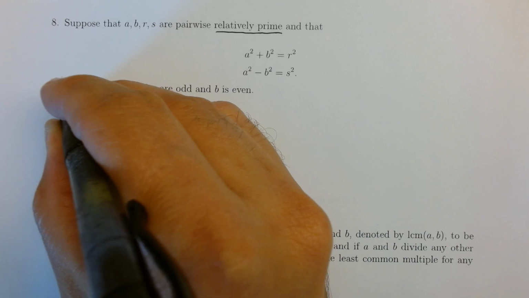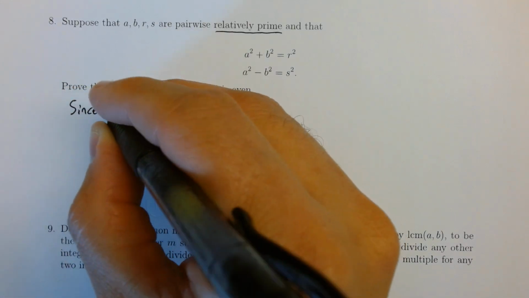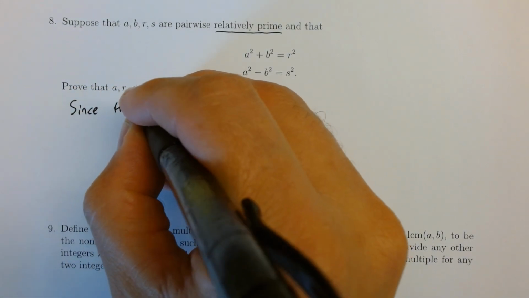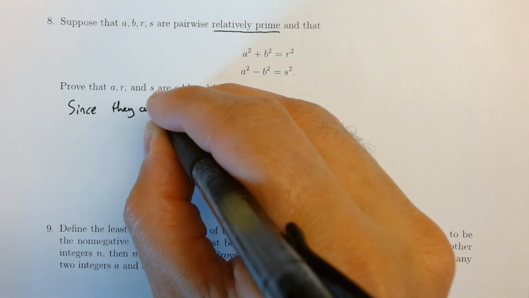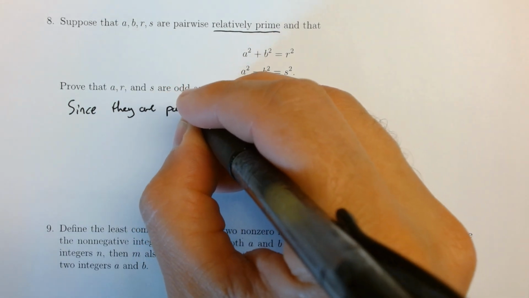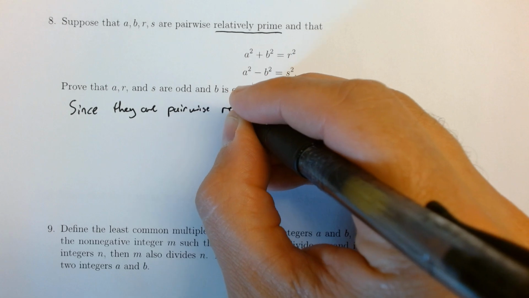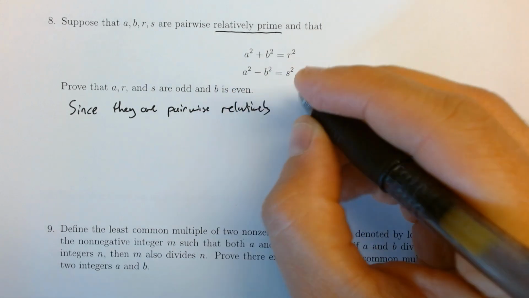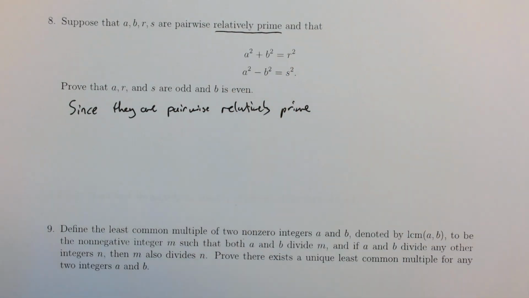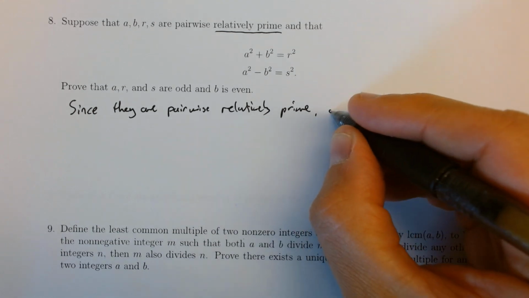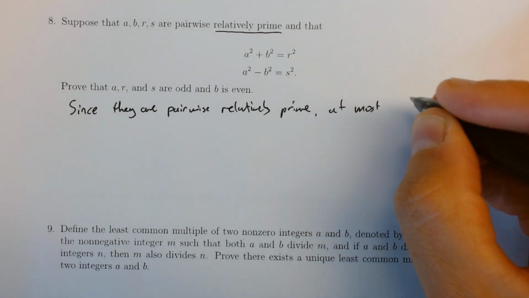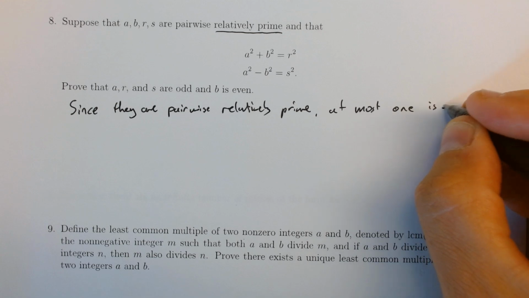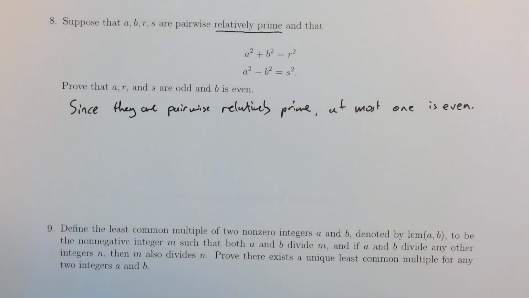So we'll say that right off the bat, since they are pairwise relatively prime, at most one of them is even. Okay. So we'll see how that helps us later on, but the rest of this is just going to be taking combinations of these equations to get some results.